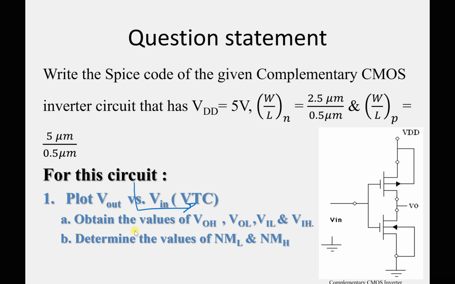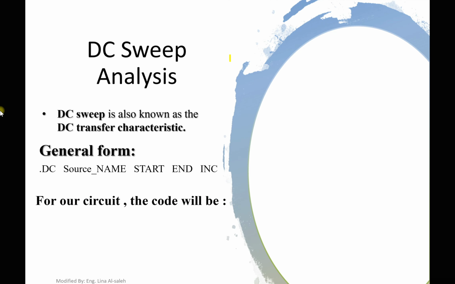Next is the voltage transfer characteristic. We said that we need the input to be the x-axis. To do that, we needed to add the line of code for the DC sweep analysis. The general form is .dc, then the source that you want to sweep, the start value, end value, and finally the increment.